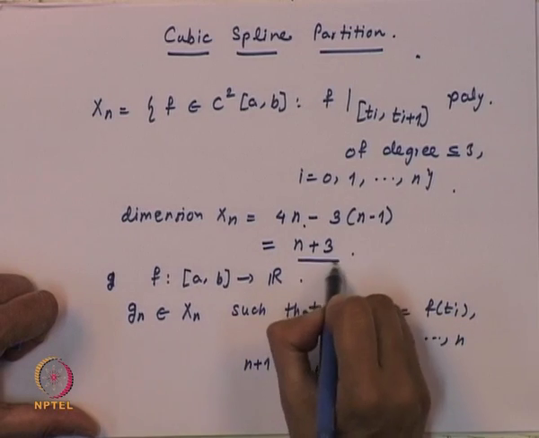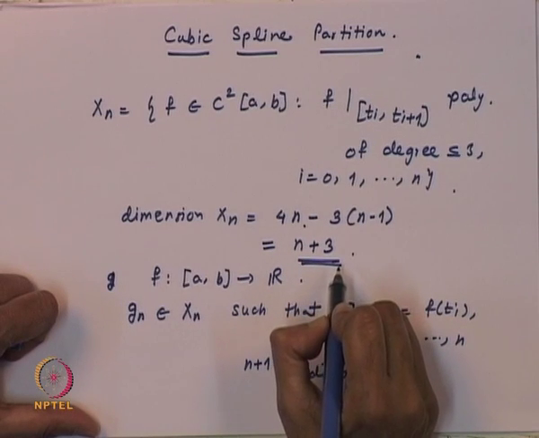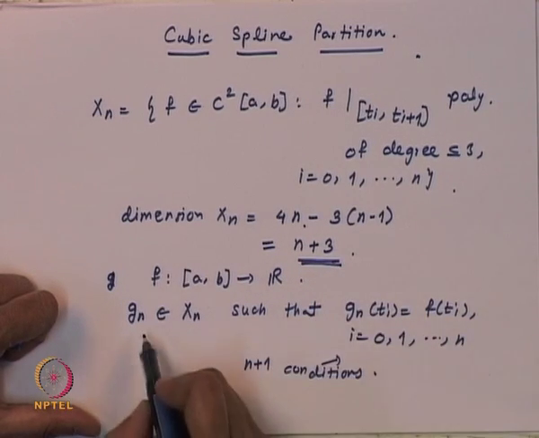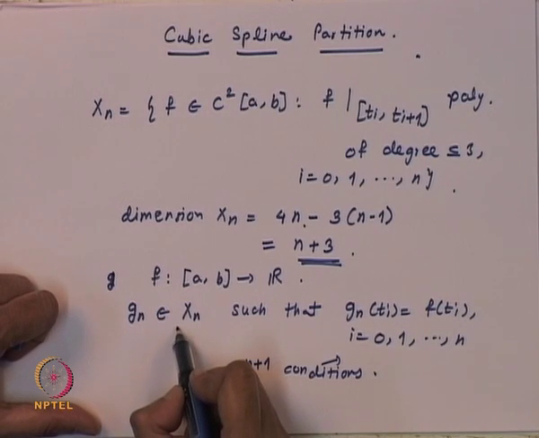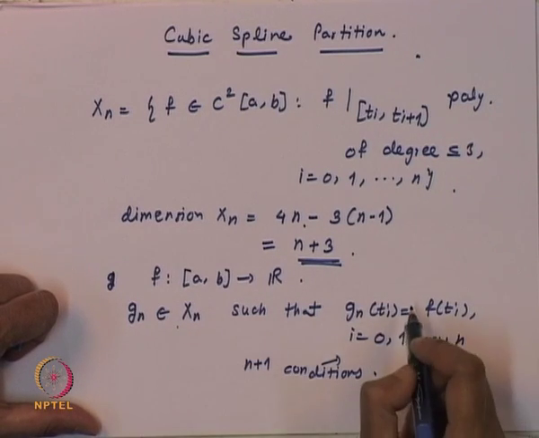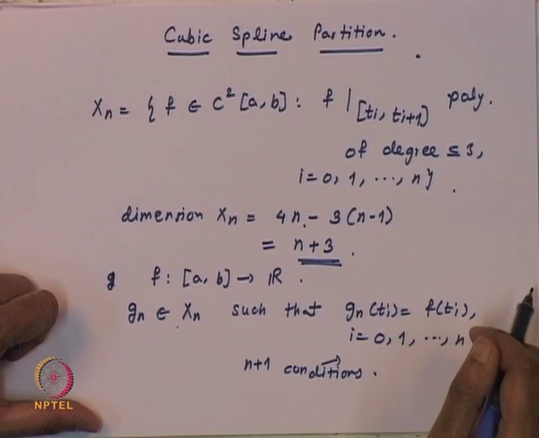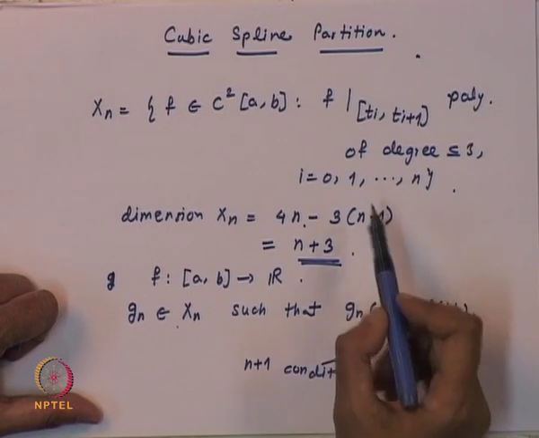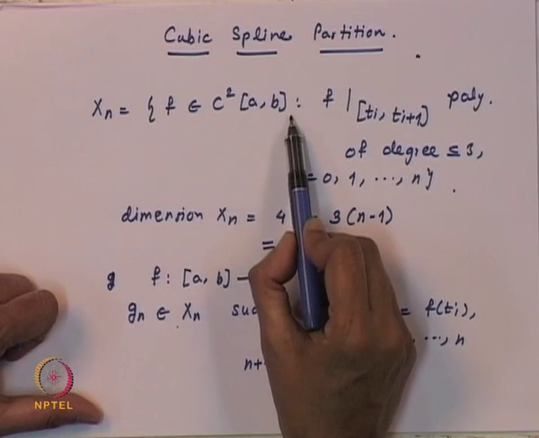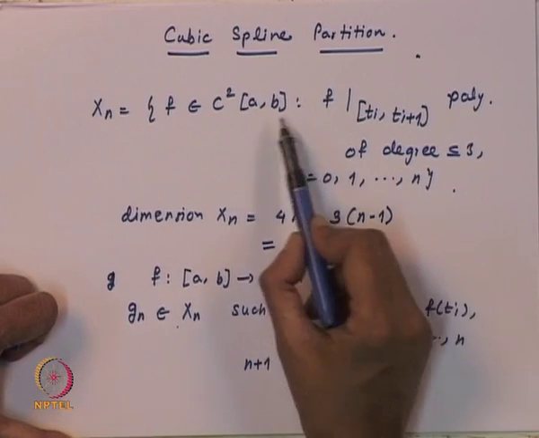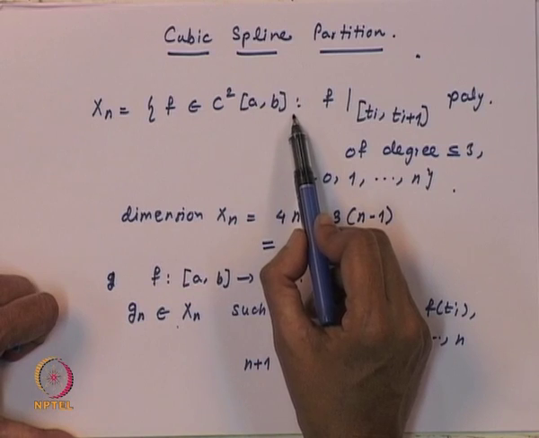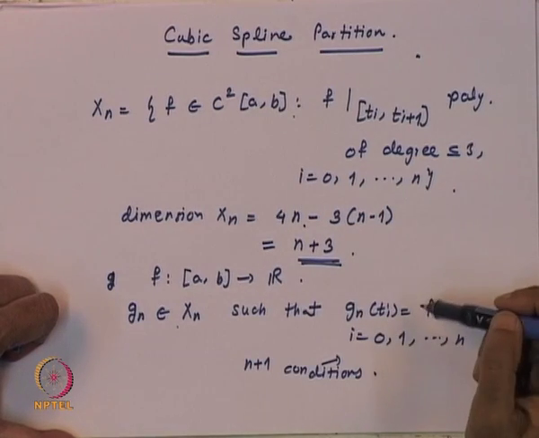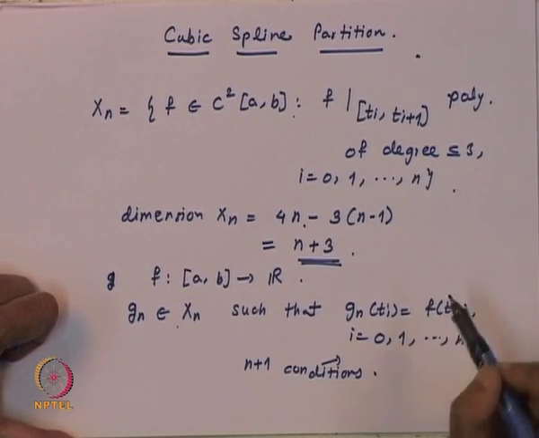The dimension of the space is n plus 3. So, in order to have such a unique interpolating function, we will need to add 2 conditions. Now, these 2 conditions are generally put at the 2 end points, and those are the end conditions. We will come to the end conditions a little later.